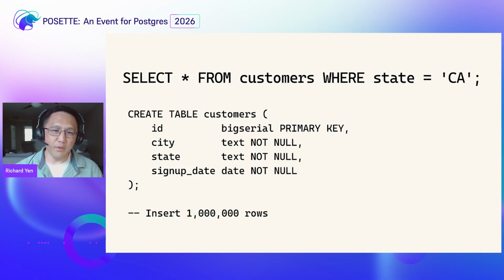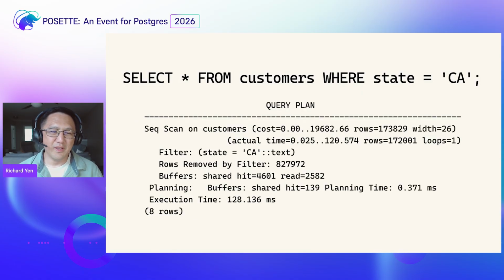We create this table, we insert a million rows just to make sure that it might represent maybe the product that you're trying to work with. And we will have an index on both the city and the state column, as well as a sign up date. And if you have an index, we are most likely expecting that index to be used.